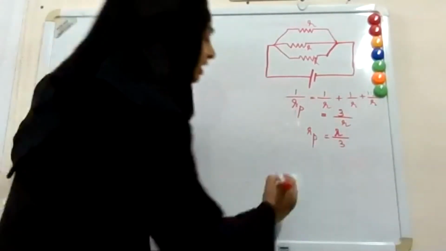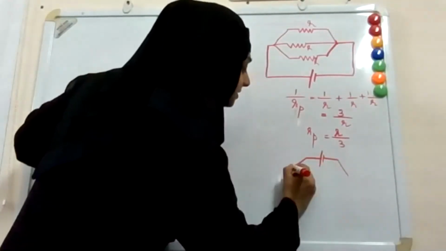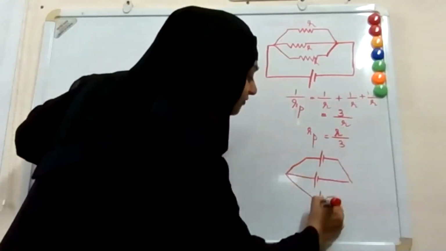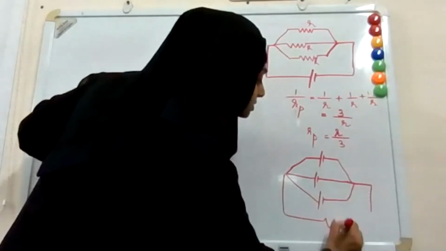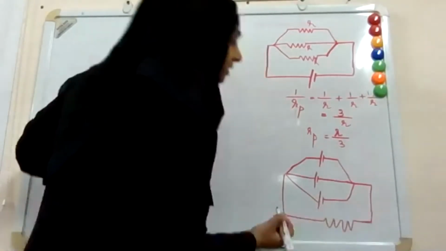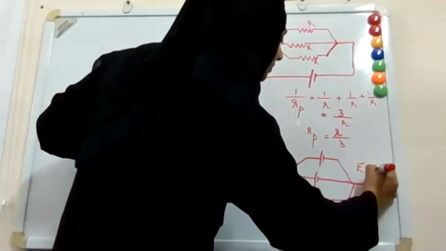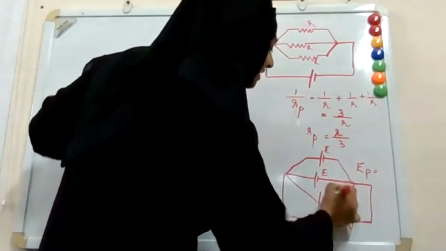Now if cells are connected in parallel like this, each having the same EMF, what will be Ep?